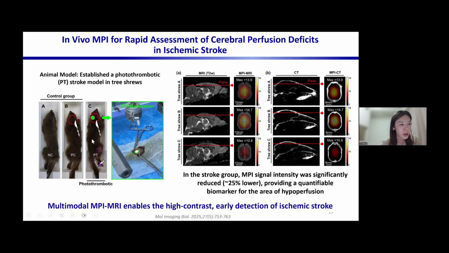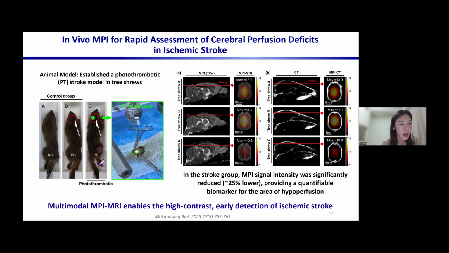Tree shrews are an emerging model in neuroscience because they are very small in size, but are also non-human primates, and their vascular structure is much more similar to that of primates and humans than traditional rodent models. And in this study here, we used a photothrombotic method to induce ischemic stroke in these models.